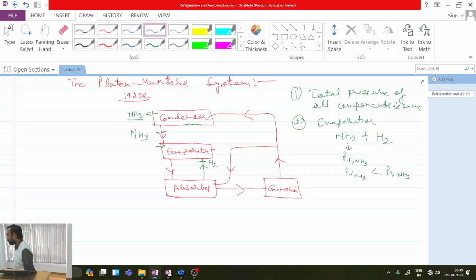So atmospheric pressure is nothing but the partial pressure of dry air plus the partial pressure of water vapor. Whenever we say that our air is already saturated, what does it mean? In air, the maximum amount of moisture that it can hold is present.